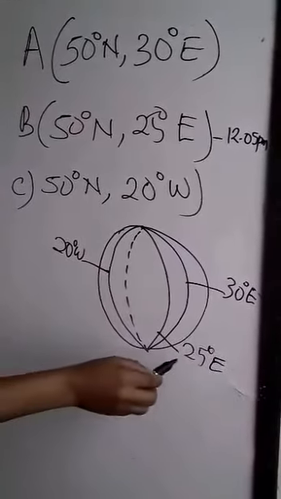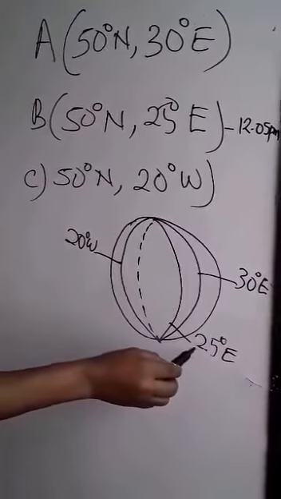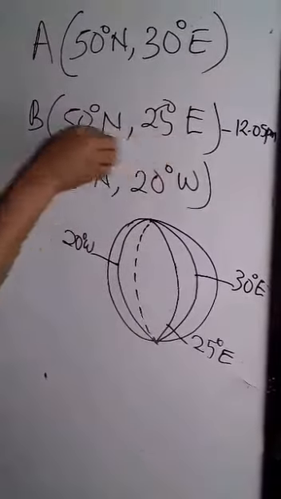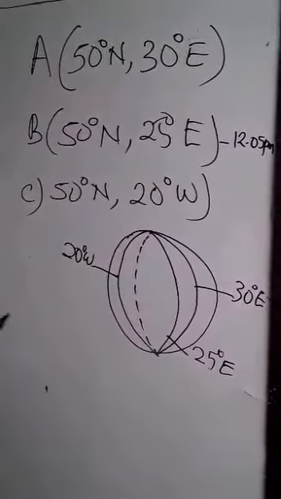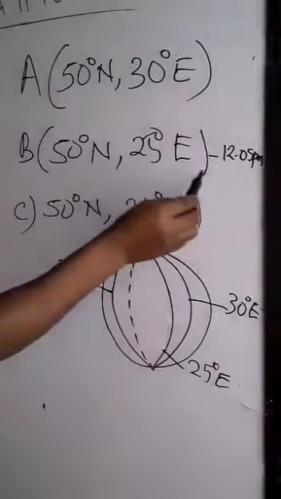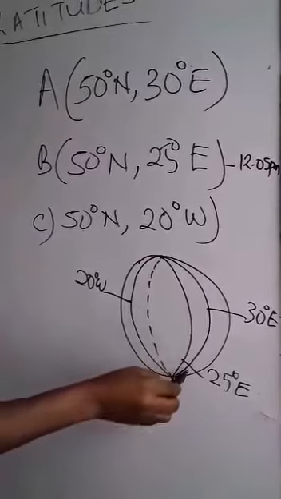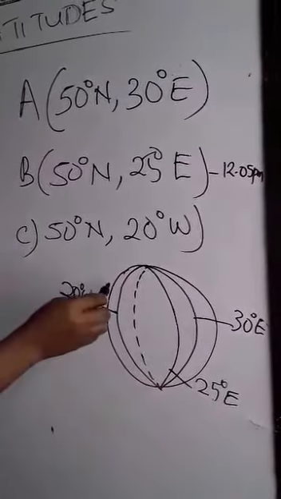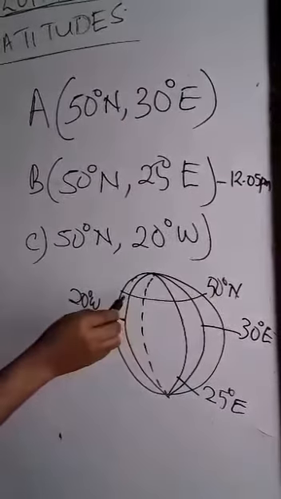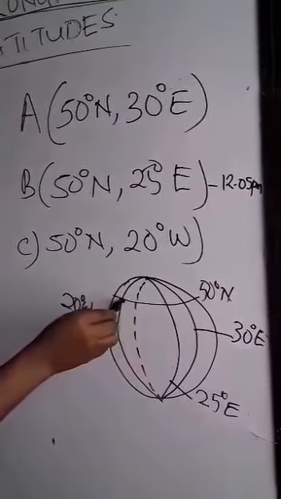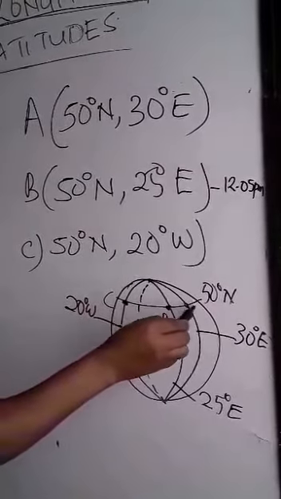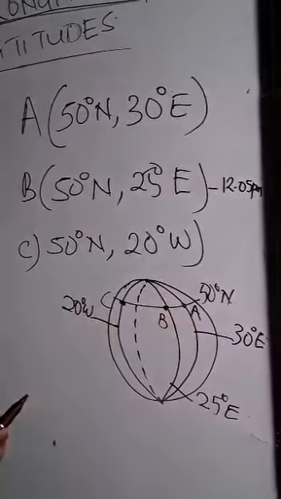Sorry, I had written 20 degrees east instead of 25 degrees east according to the example. So this is point C, this is point B, and this is point A.